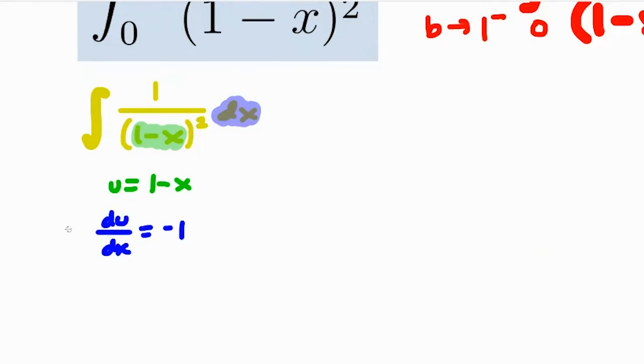From here, I'm going to multiply both sides by dx because I need dx. This is going to cancel. And then we have du is equal to -dx, okay? Or if you wanted to, you can say negative du is equal to positive dx. It doesn't really matter. I multiply both sides by -1. Okay, and then really quick, I'm actually going to save this because I feel like if I lose it, I'm going to be upset.